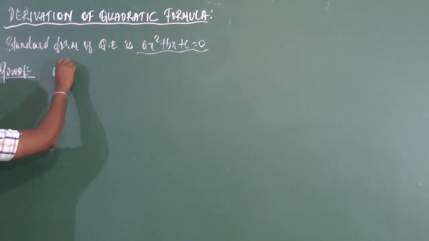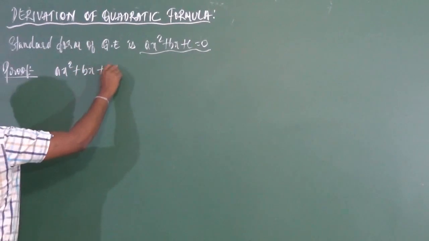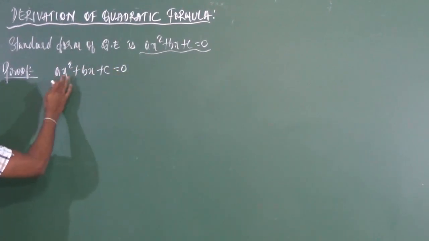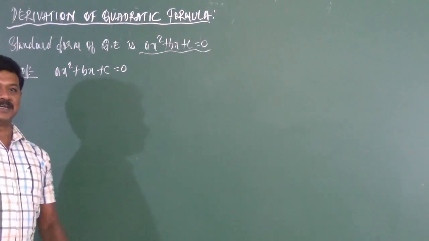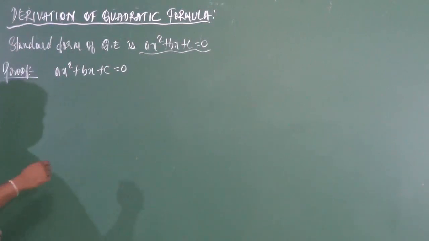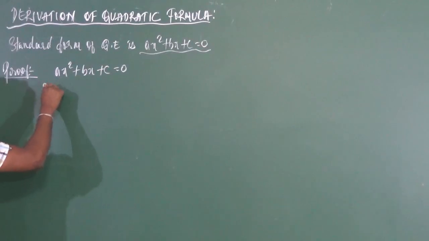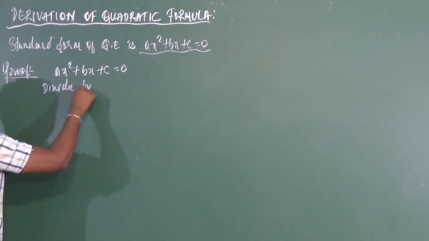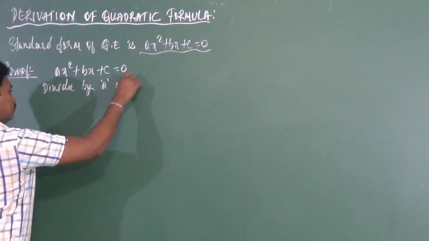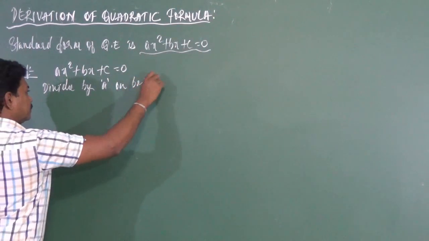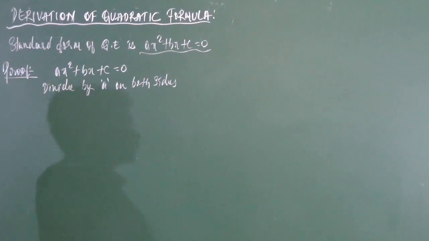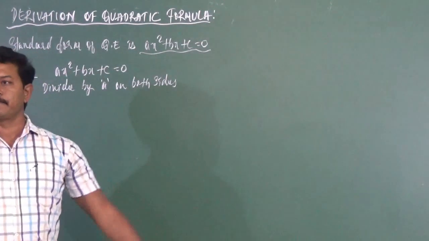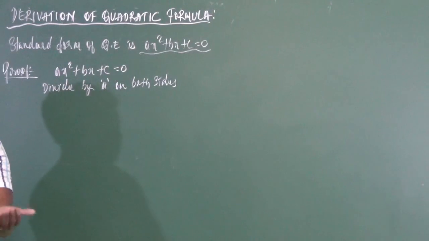So ax square plus bx plus c is equal to 0. I want to remove a, so I will just wipe it out. A is gone. But I cannot do that. It has to be done mathematically. So divide by a on both sides. As it is an equation, whatever you do in the LHS, the same thing should be done in the RHS to balance the value of the equation.